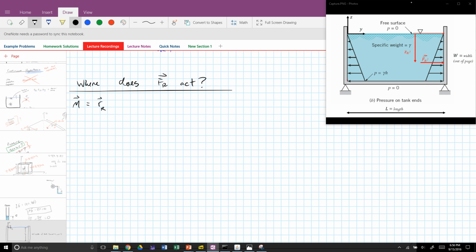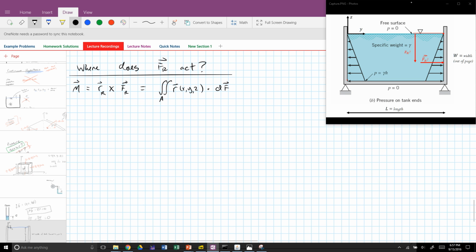times the resultant force. All right? So this can also be written out as the integral, in this case, over the area of r, x, y, z times the differential of force.